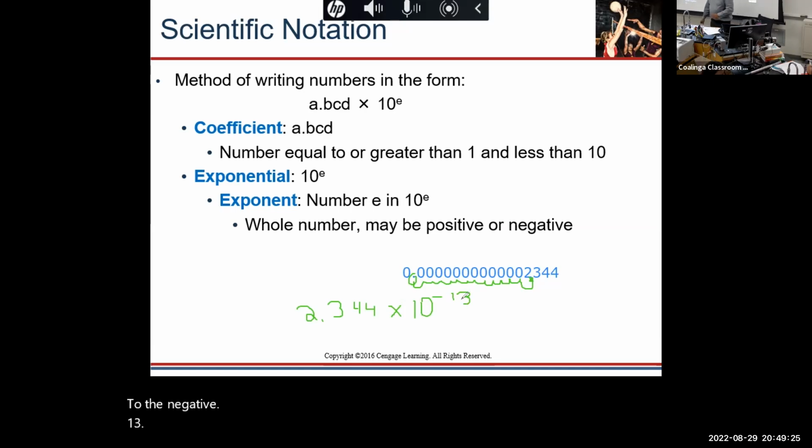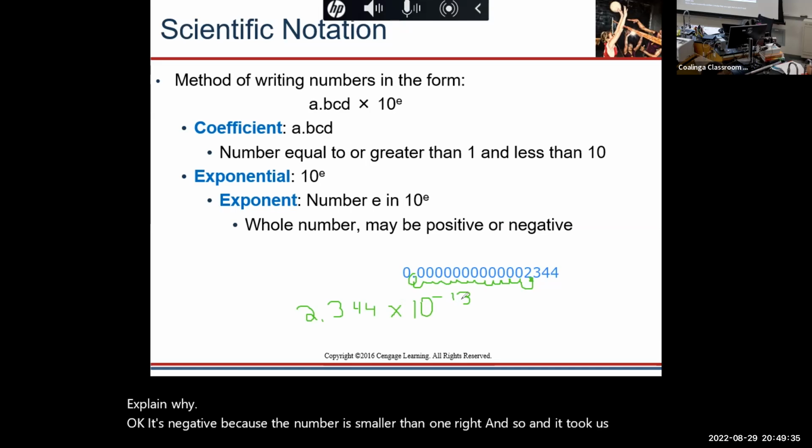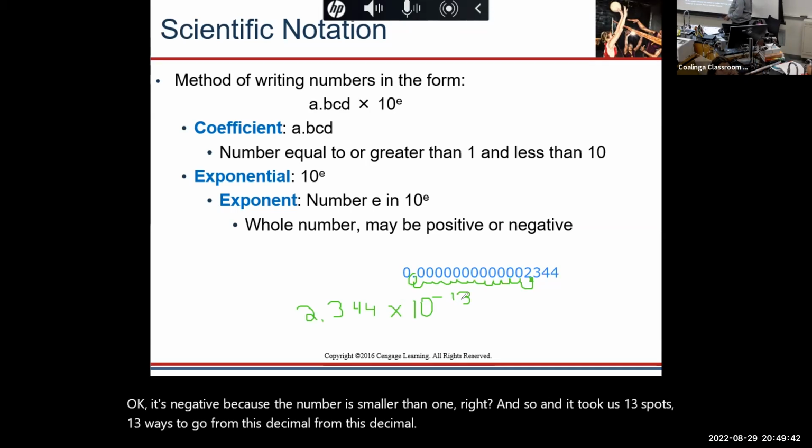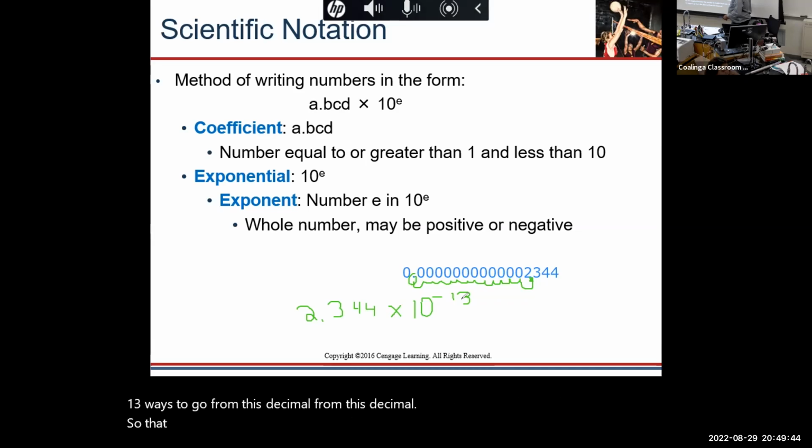Explain why it's negative, please. Okay, it's negative because the number is smaller than 1, right? And it took us 13 spots to go from this decimal to that whole non-zero number, okay?